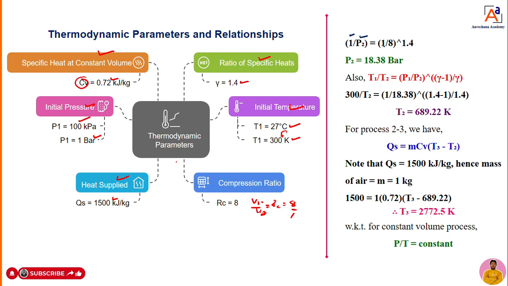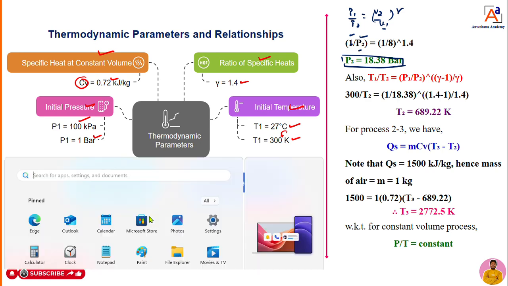V2 is 1 and V1 is 8, so V2 by V1 is 1 divided by 8. Substitute and simplify, and you are going to get P2 equal to 18.38 bar.